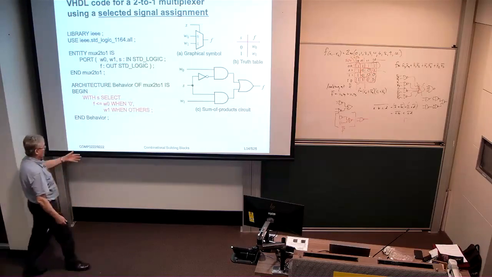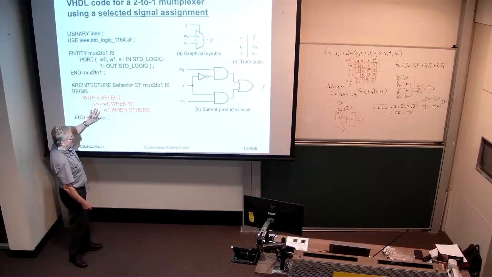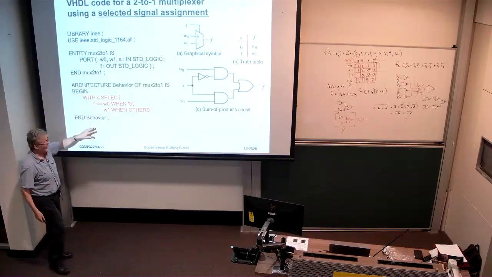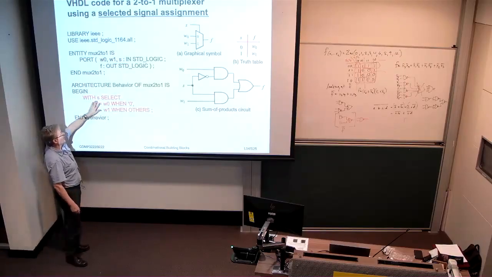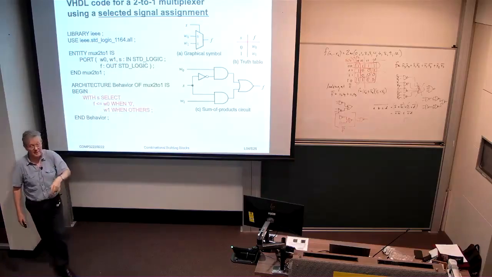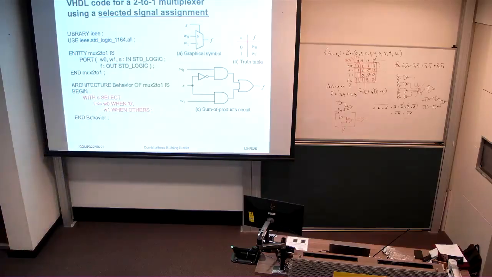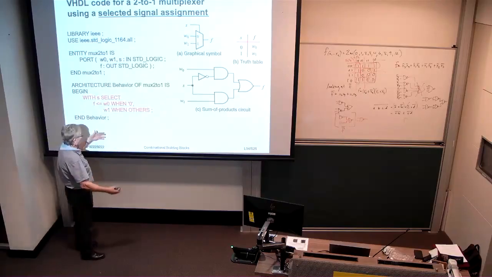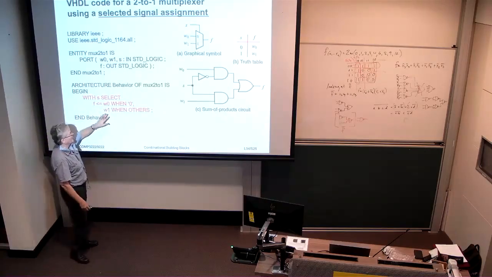There's several other alternatives. So in this particular case, the way this mux would work, according to the behavior in any case, is that only when the select signal is 0 should the W0 input be assigned to F, and in all other cases, irrespective of what the signal value is, we'd be assigning W1 to it.